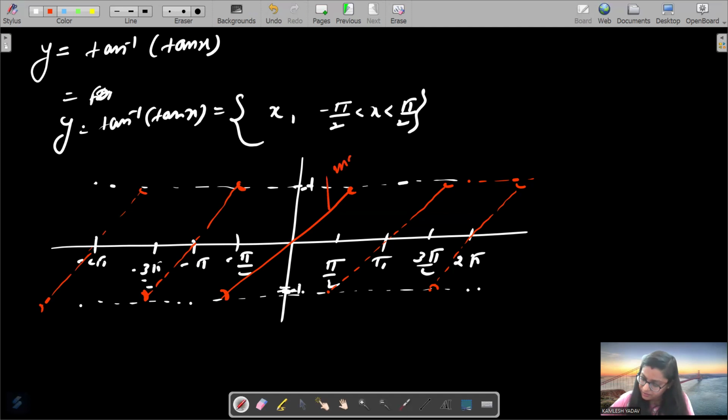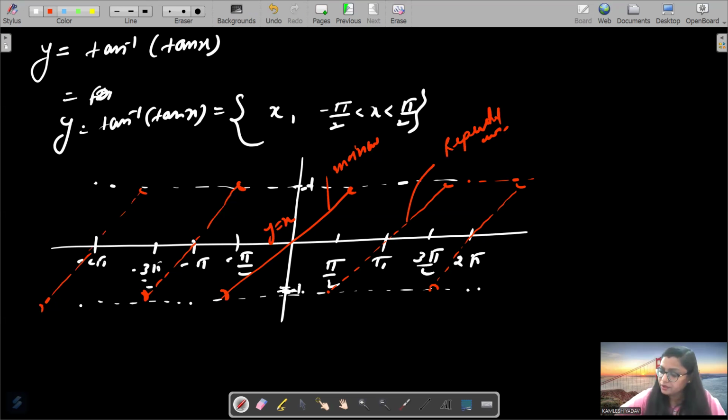This is the main curve, y is equal to x, and this is the repeated curve. So this is the graph of tan inverse of tan x. Yes, this is the correct graph. Then we go for the next graph.